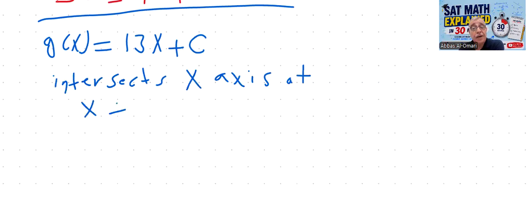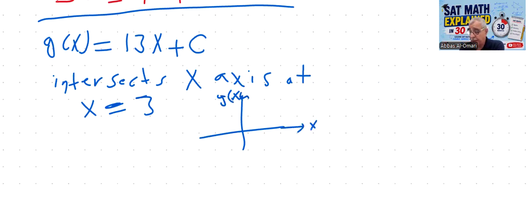Now, the function intersecting the x-axis means that the value of the function is 0. Now, when the function intersects the x-axis at x equals 3, that means g of x equals 0 at x equals 3. So g of 3 equals 0.